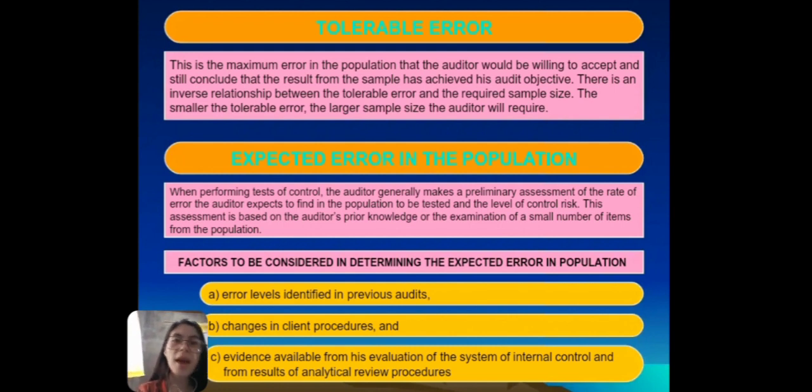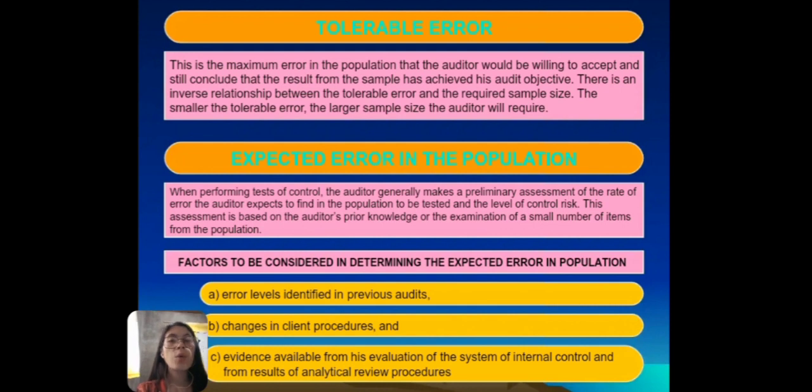Now let's proceed to expected error in the population. When performing a test of control, the auditor generally makes a preliminary assessment of the rate of errors the auditor expects to find in the population to be tested and the level of control risk. This assessment is based on the auditor's prior knowledge or the examination of a small number of items from the population.